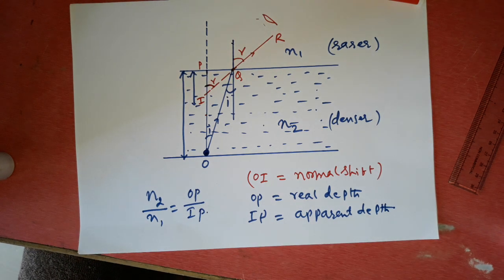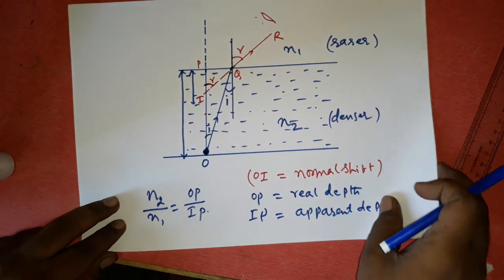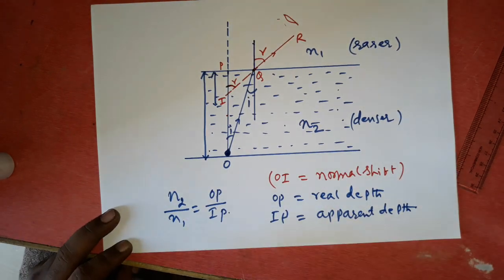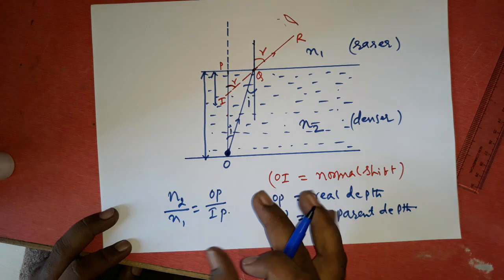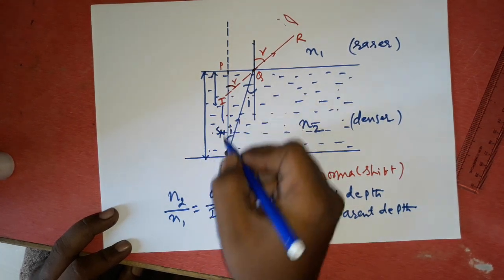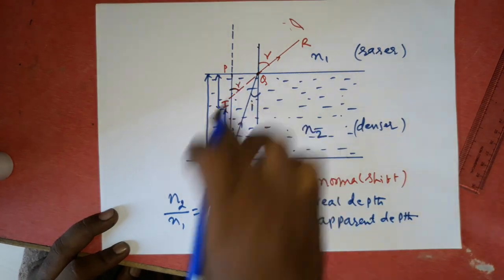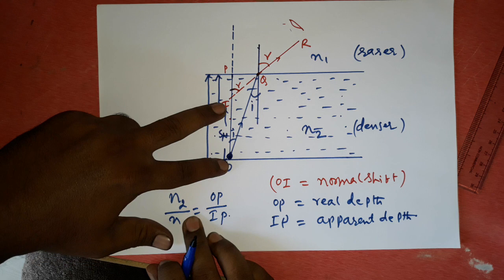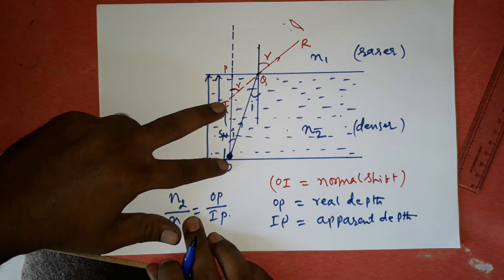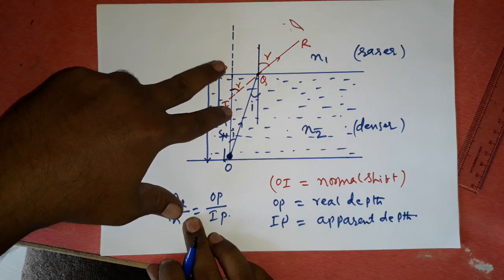Okay. Now from this figure it is very clear. This is the shift, this is normal shift, from here to here. This normal shift can be calculated as real depth minus apparent depth.